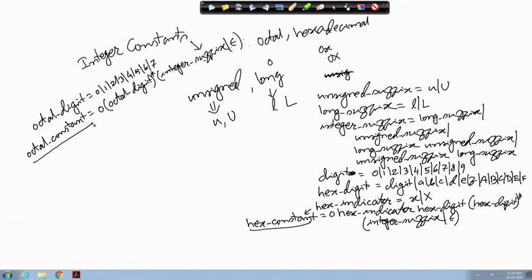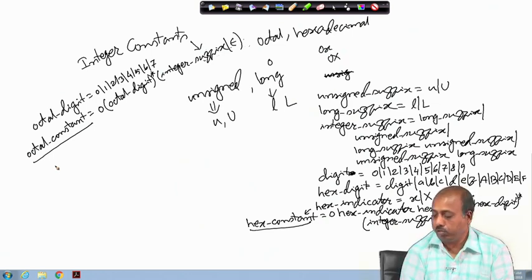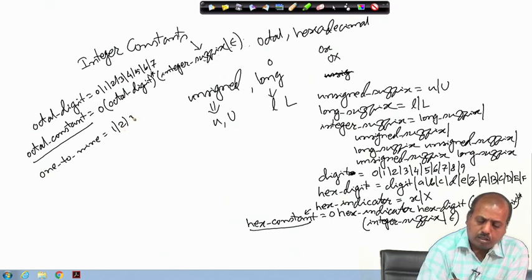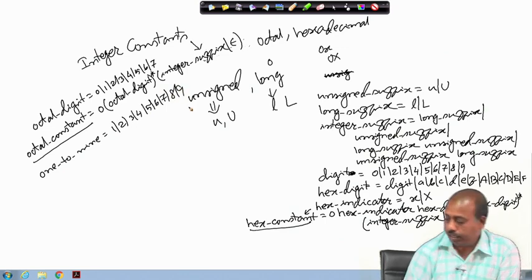Now, I can define the decimal constant, but for decimal constant we will not take anything that starts with a 0. So, with 0 it will go to octal. To differentiate between them, we define another regular definition 1 to 9, which is given by 1 or 2 or 3 or 4 or 5 or 6 or 7 or 8 or 9.